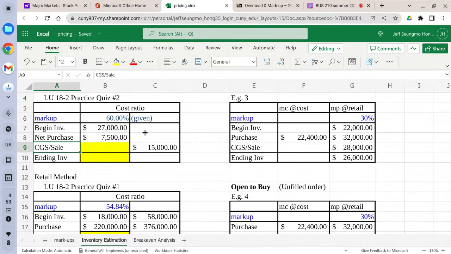That's why the cost side of the revenue is CGS, right? The price side of the cost is revenue. So here you have revenue data. Now think about it.